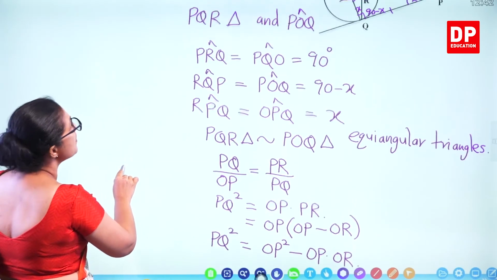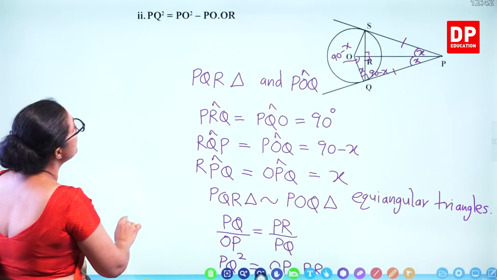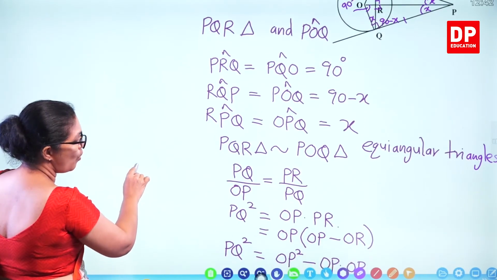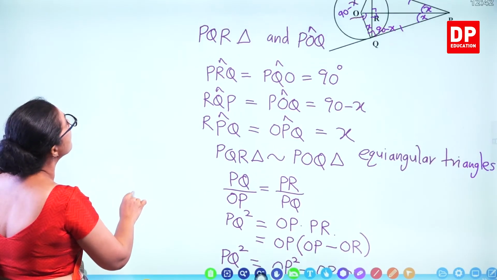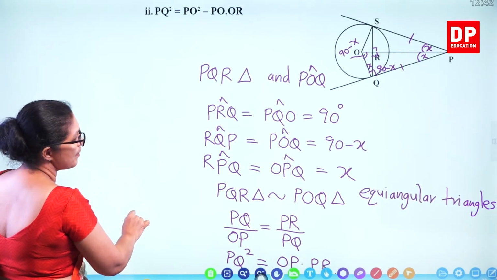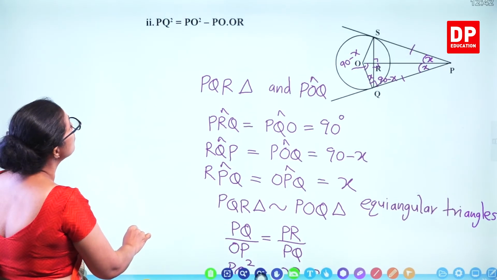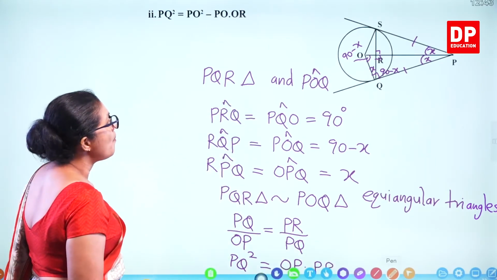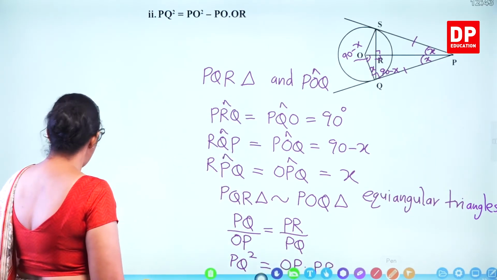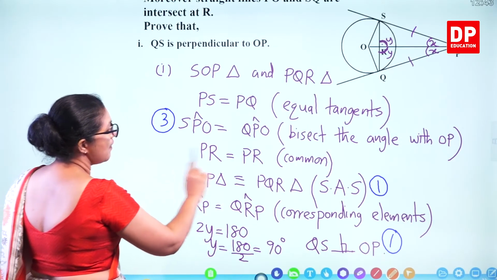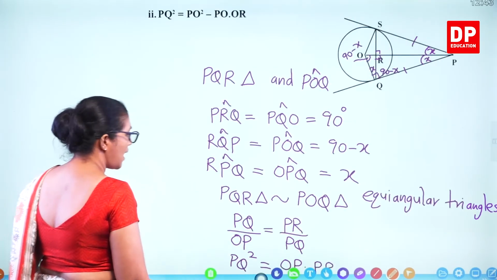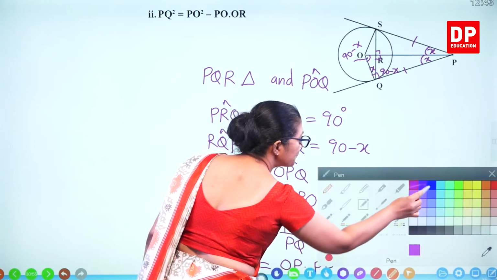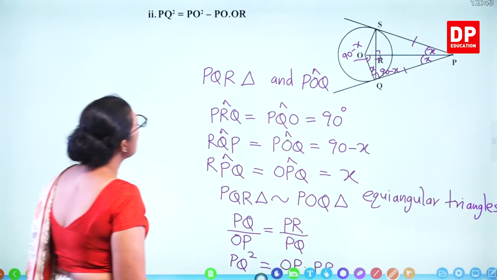Just check it. OP squared, or PO squared, PQ, PO and OR. So that's the same thing. So you need to see how many marks you get. Earlier we gave 5 marks for the first part and 5 marks for this one. So how do you get the 5 marks?